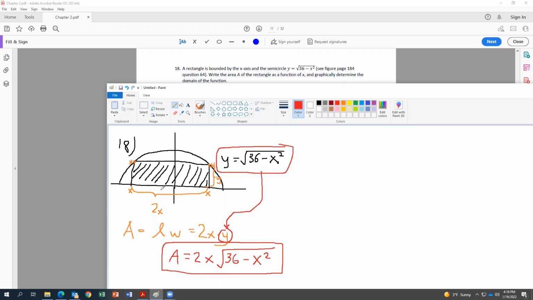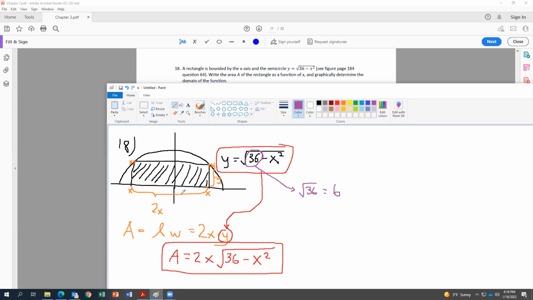Okay, so we need to figure out what x is in this case. Now, if you look carefully here, this x depends on this number 36. Can someone tell me what is the square root of 36? Six. So 6.